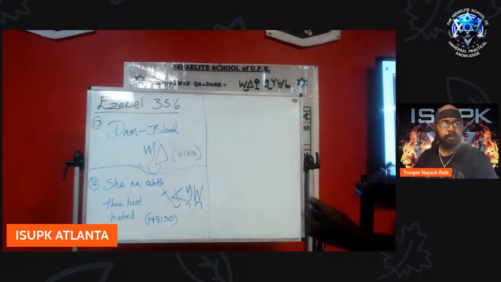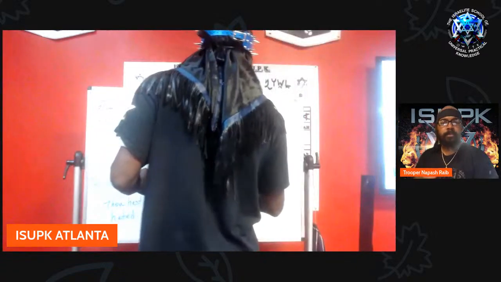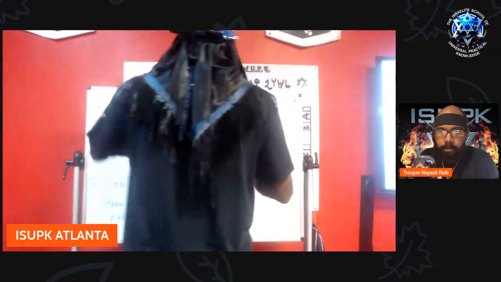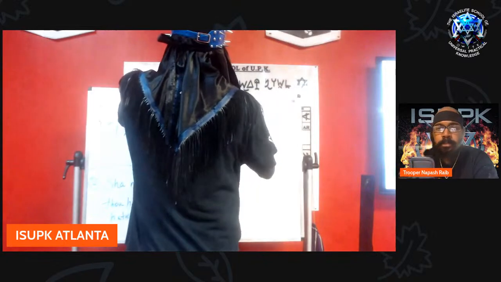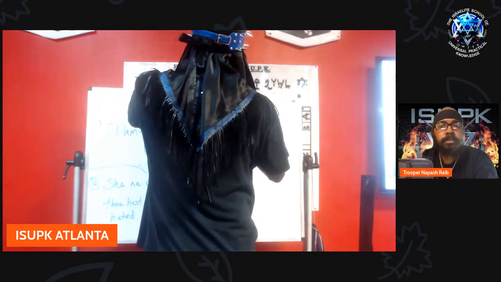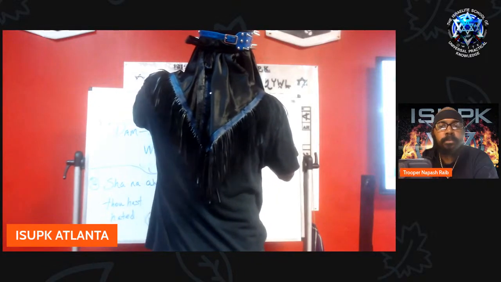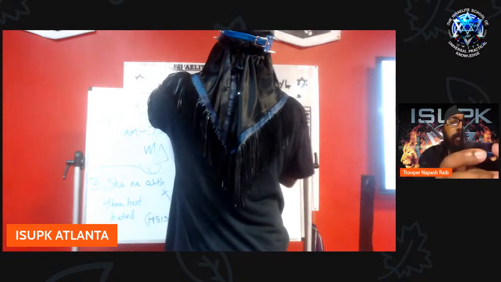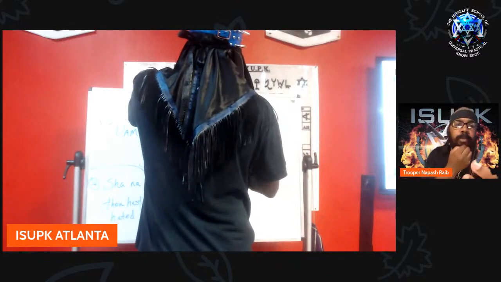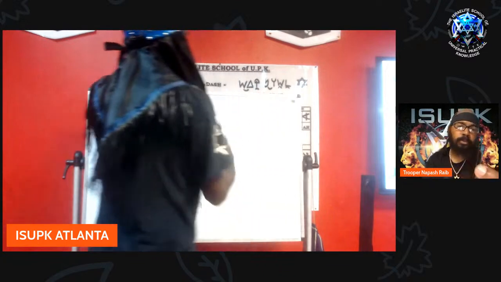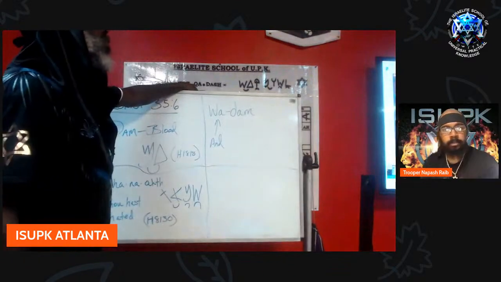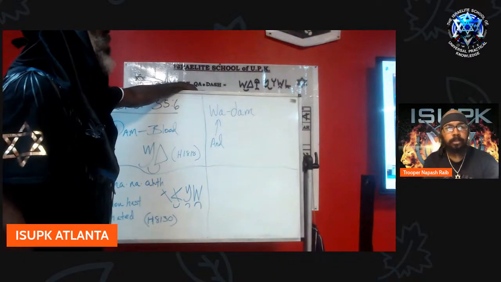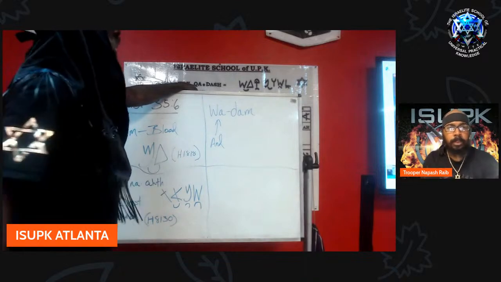So, next word. This word right here: Wa, dam. All right. Now, we know wa means "and," right?